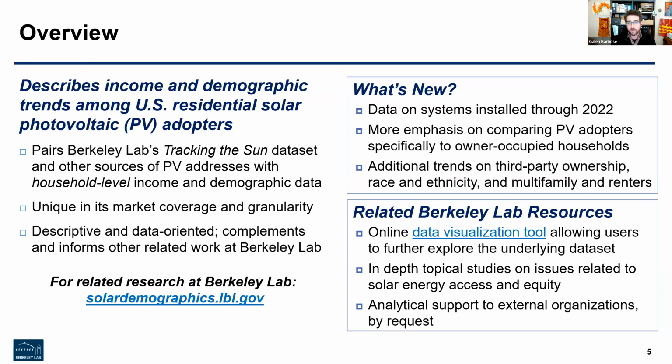So we're not looking at community solar customers here, only customers with systems installed on-site. One of the unique aspects of this work, and really its defining feature, is that it's based on very granular address-level data, covering really the vast majority of all residential systems installed in the US.